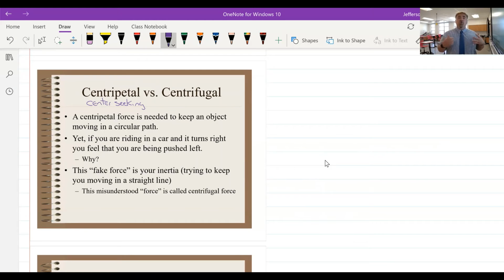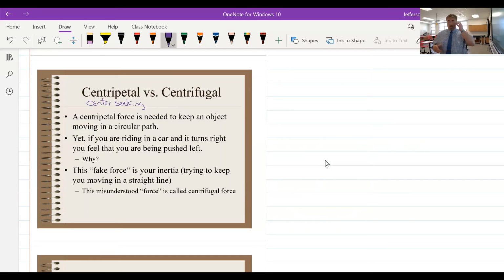If you are riding along in a car, you've all done this, and all of a sudden somebody in that car turns relatively quickly to the right, you actually feel as though you're being pushed to the left. It feels like there is a force that is pushing you to the outside of the curve.